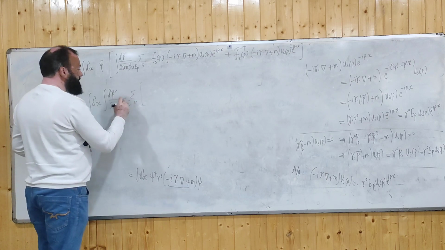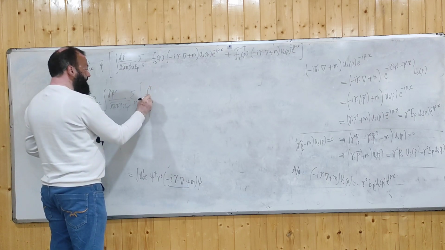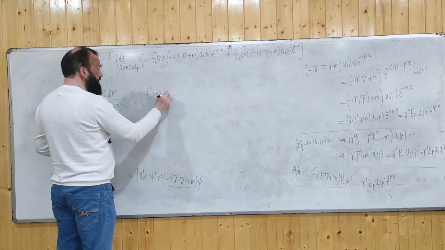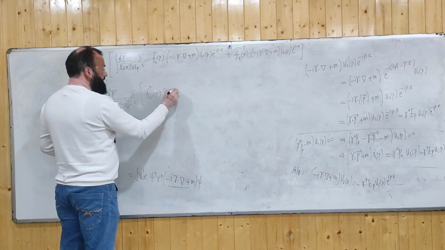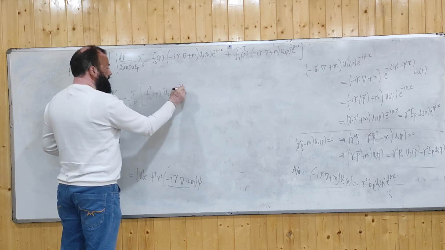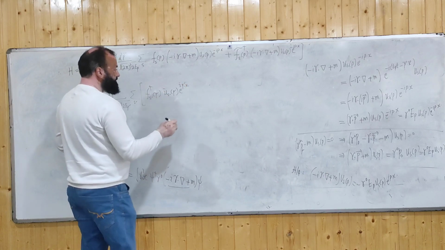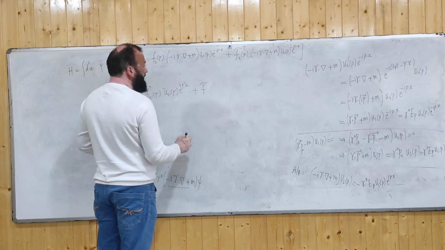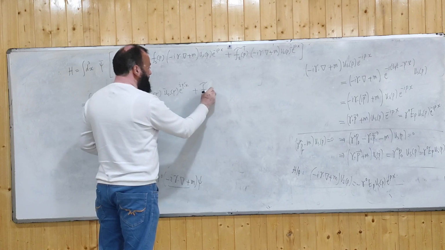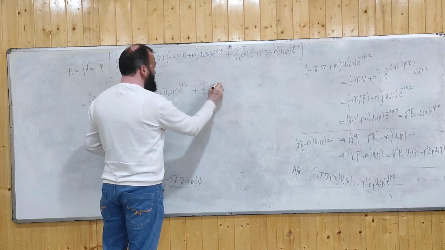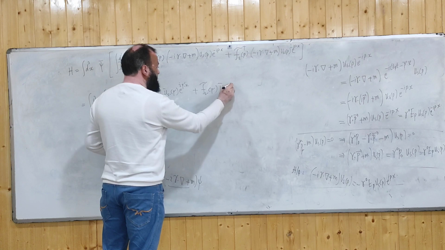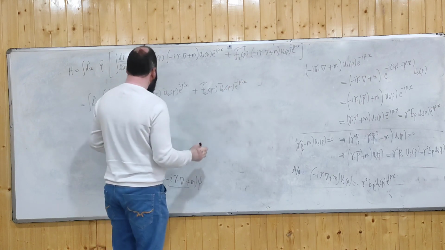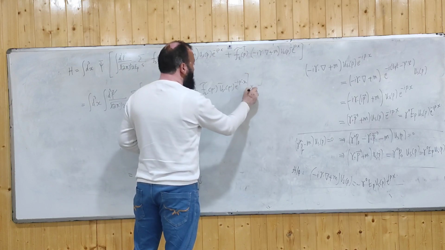It is f-dagger_s′(p′) ū_s′(p′) e^(ip′·x) plus f̃_s′(p′) v̄_s′(p′) e^(−ip′·x). Then you are having this written.